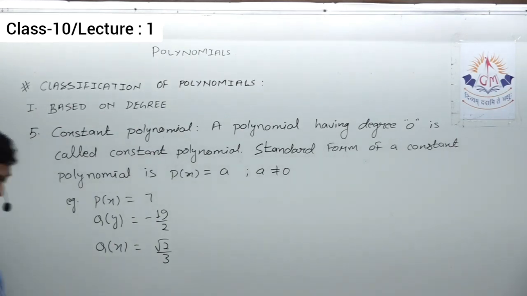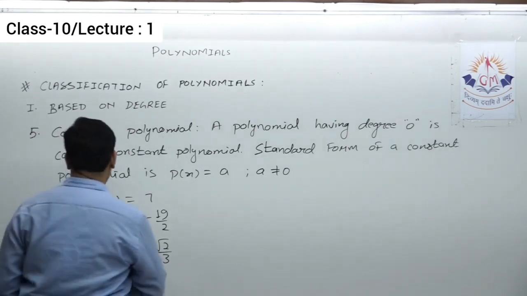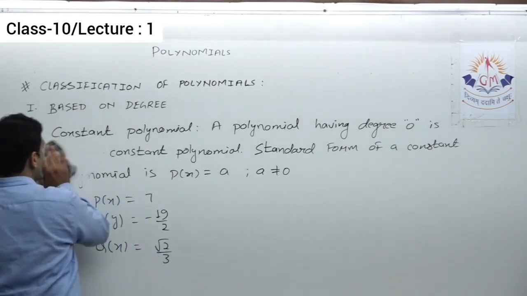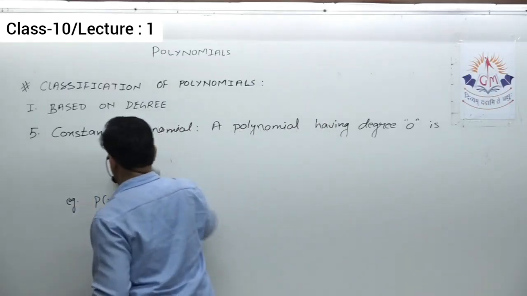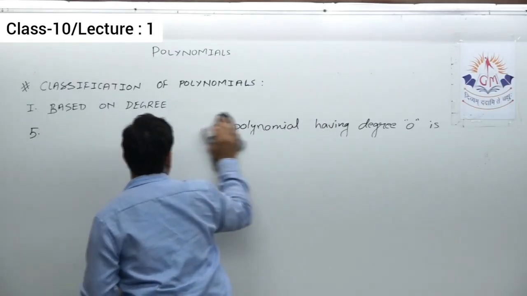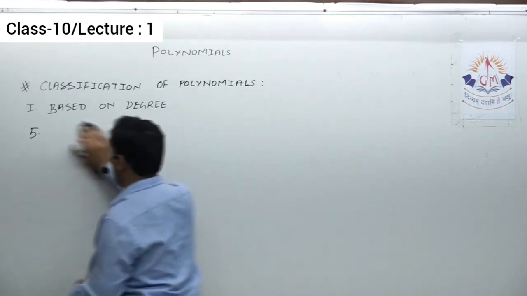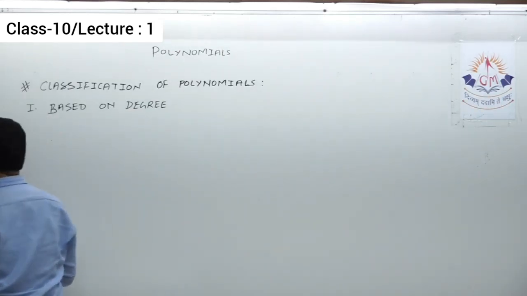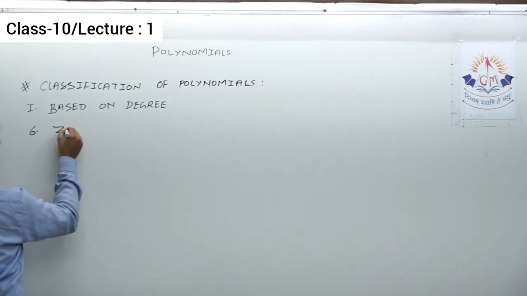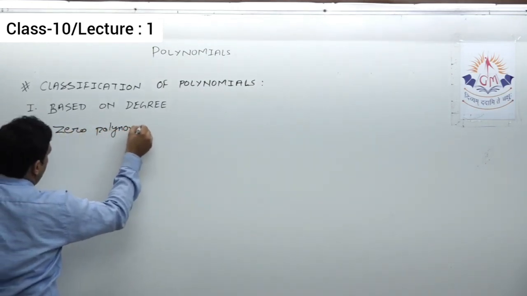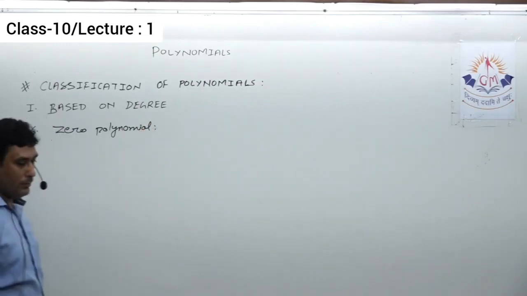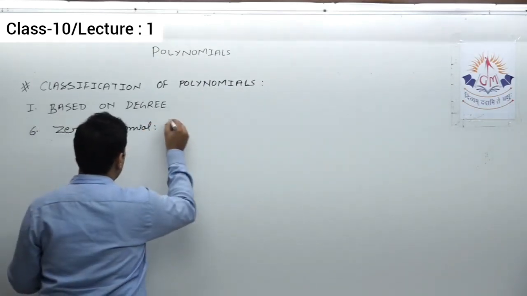Okay, after this, next one, the sixth one, is zero polynomial.